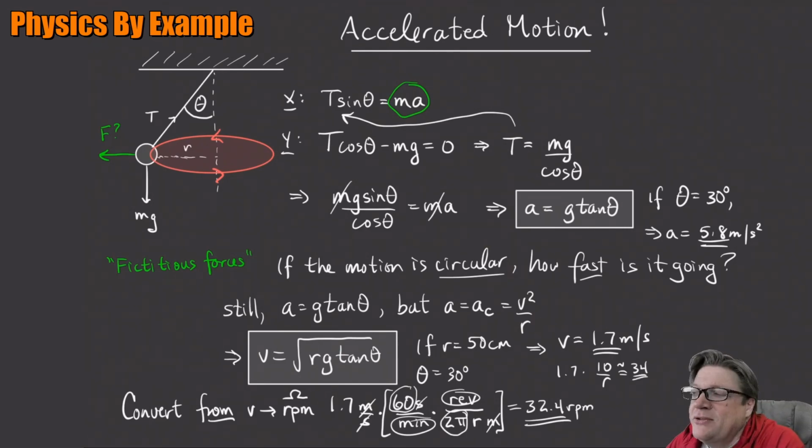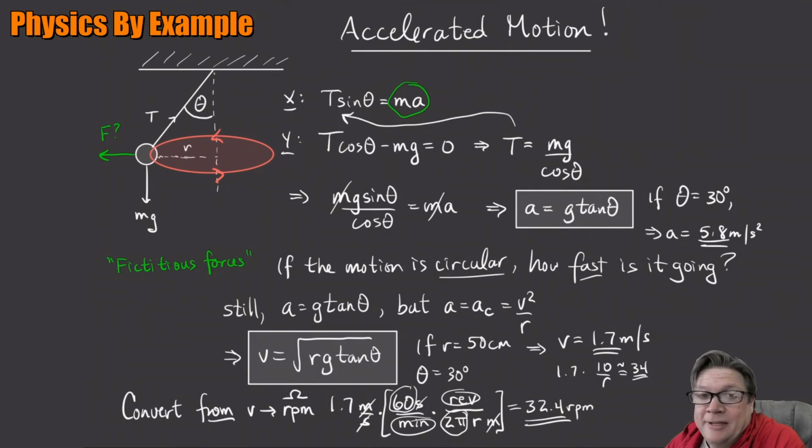In videos, just because I'm not real interested in determining things real precisely in calculations, we will rarely do the exact thing down here, the 32.4 thing. More often, I'm just going to say going from meters per second to RPMs is going to be 10 over R. That's going to be easy and quick.